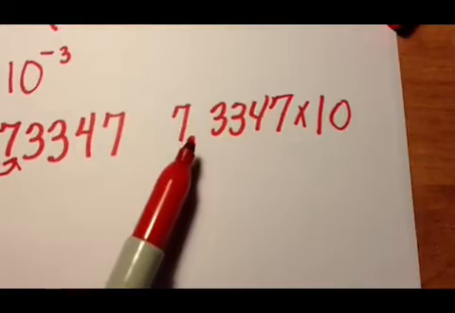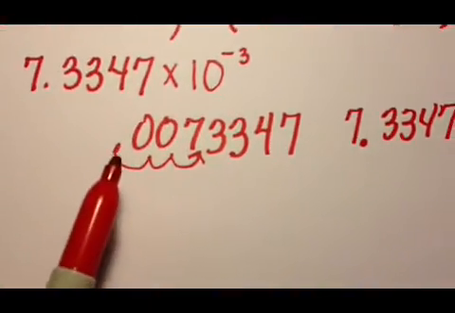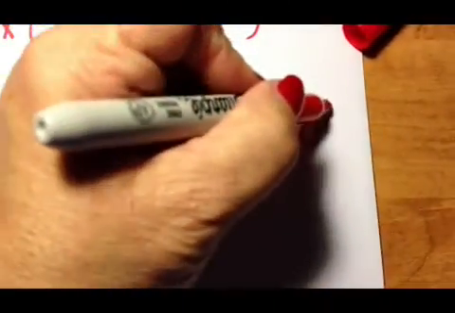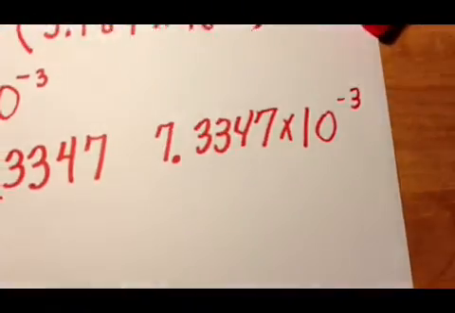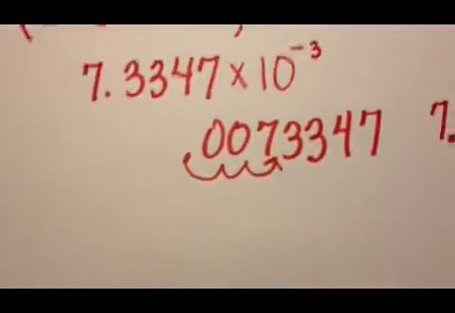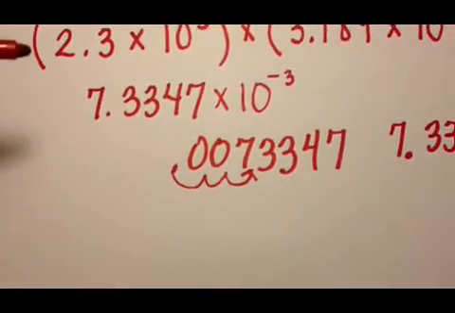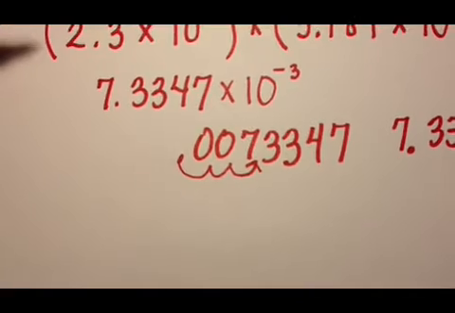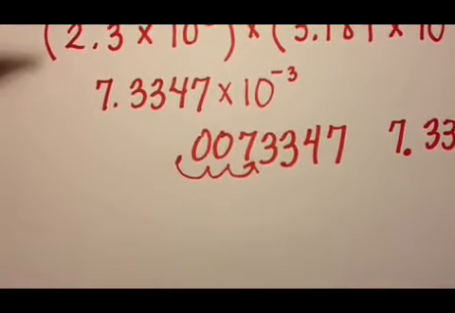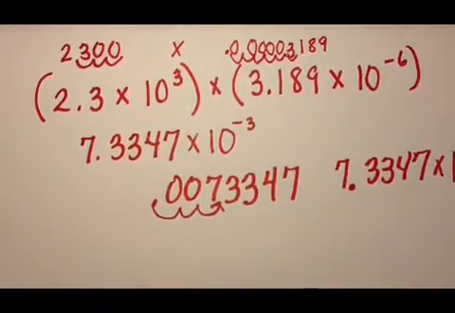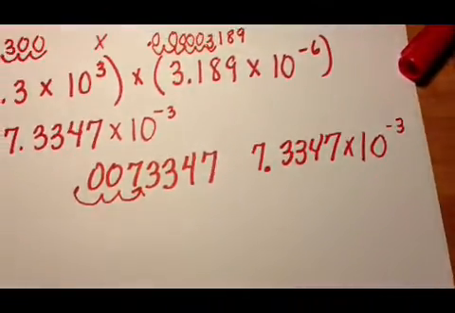This is a larger number, making it smaller, so I need a smaller exponent, so that means it's going to be negative 3. So, whether I use the calculator or use my rules that I know about exponents and multiplication, I can arrive at exactly the same answer.